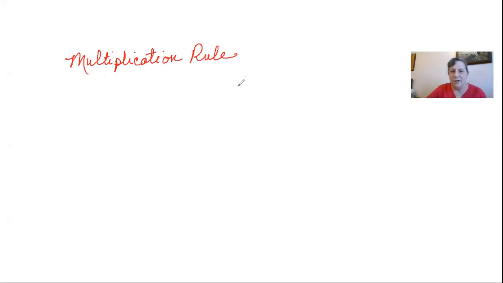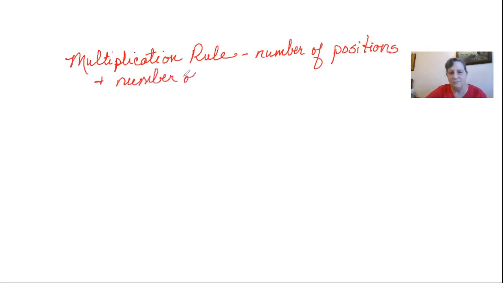When we look at the multiplication rule, this is going to be used by counting the number of positions and the number of ways to fill each position.